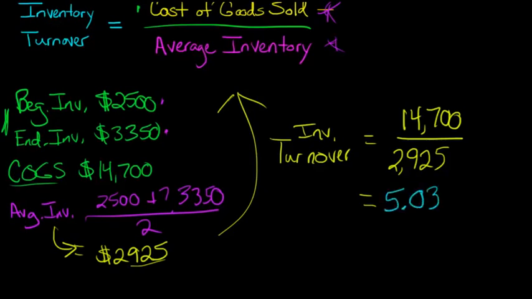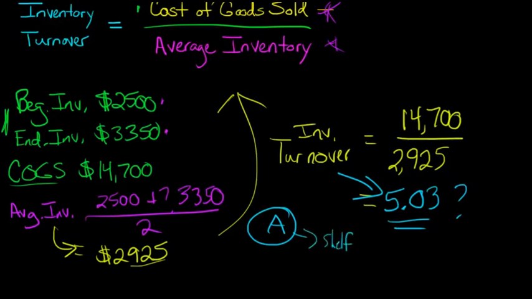Now, what does this mean? This means that we're turning over our inventory 5.03 times a year, about 5 times a year. So think of some product A. We put product A on the shelf, we sell it, and then we replace it with another product A and sell it. We do that 5 times every year.